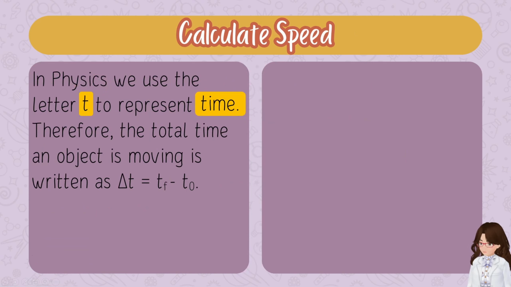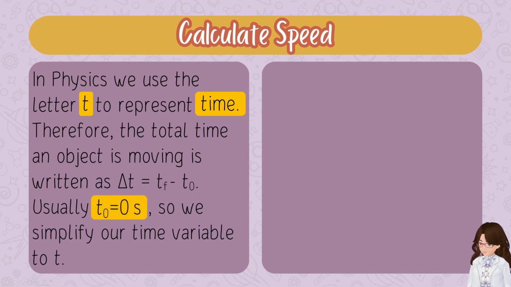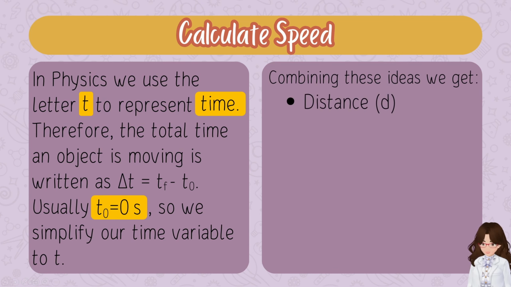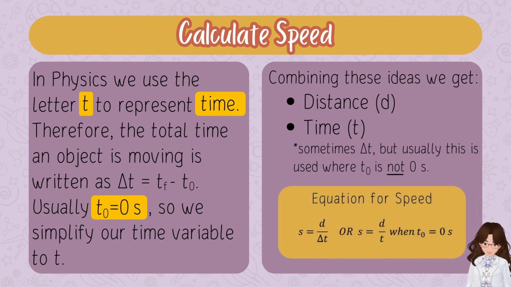Once again, we do have time, and if t naught is 0, you can opt out of delta t. So when we combine these two together, we get distance is d, time is t, sometimes delta t. So you get speed, or s, is equal to d divided by t.